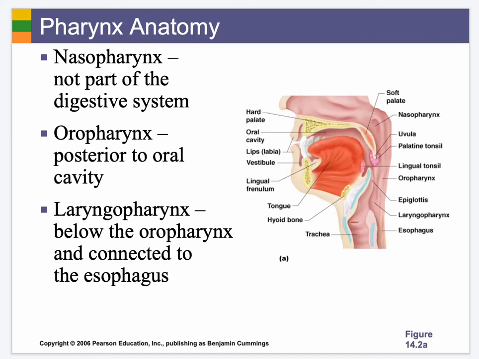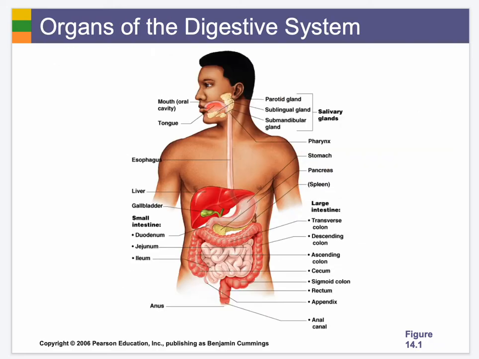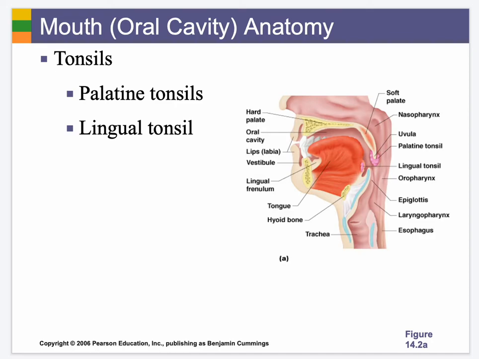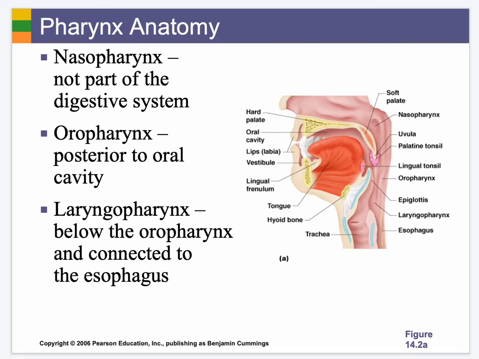Let's go to your pharynx. Tatlo siya, madi-divide mo siya sa tatlo. You have your nasopharynx, which is actually not a part of your digestive system. We have your oropharynx that is posterior to the oral cavity, and your laryngopharynx, which is below your oropharynx and connected na to your esophagus.